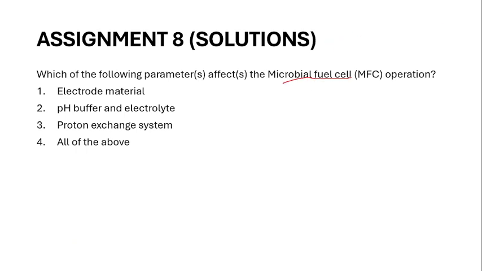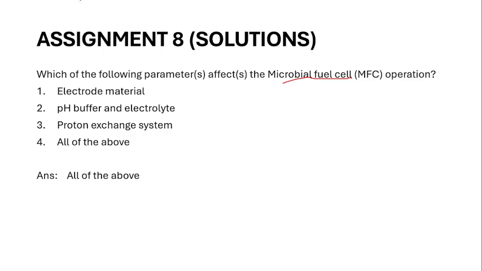Here electrical current is produced with the help of microbial action, right? So which of the parameters are going to affect this MFC operation? Whether it is the electrode material, pH buffer and electrolyte, proton exchange system, or all of the above.